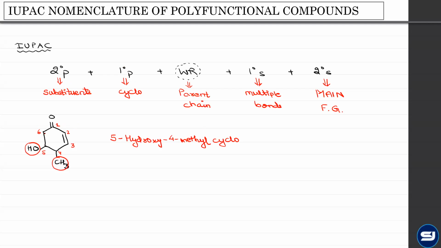The total number of carbons in the parent chain gives you the word root, which is hex. Then there is a multiple bond present in the ring, which is a double bond, so for that ene comes. And ketone as the main functional group has the suffix -one. Now fill in the positions, that is 2 for ene and 1 for -one. You get a complete IUPAC name as per this format.